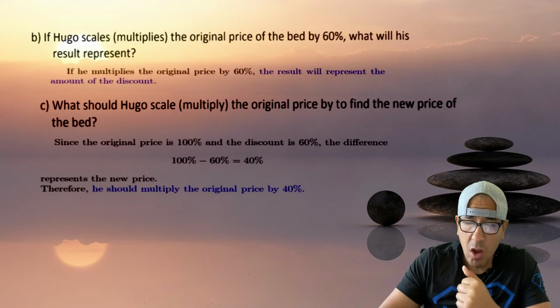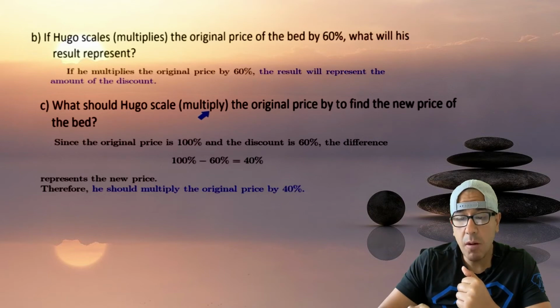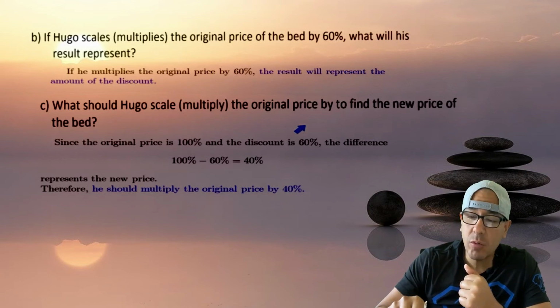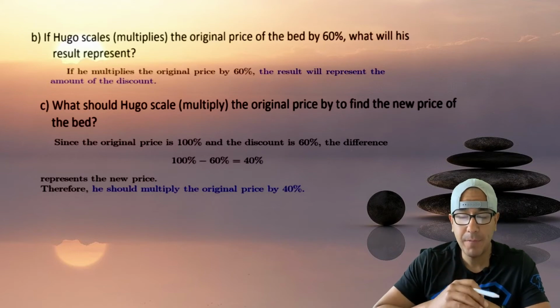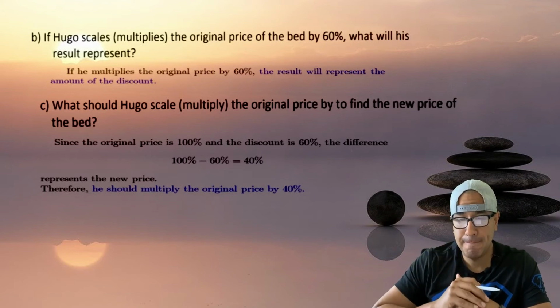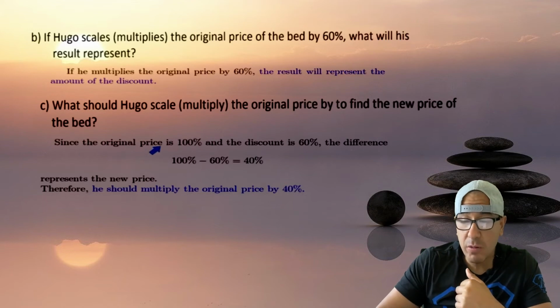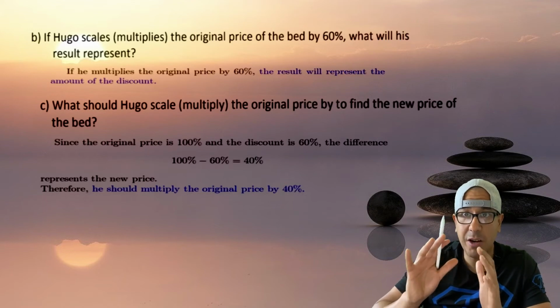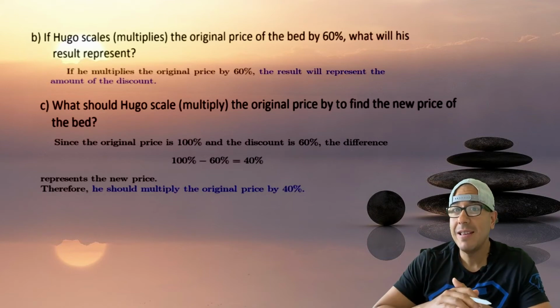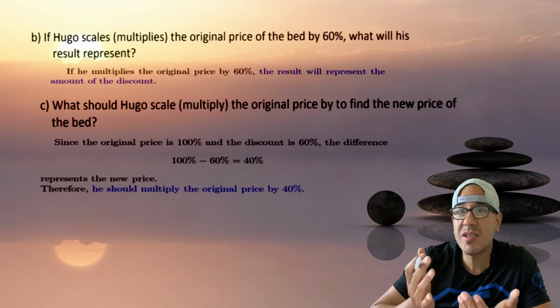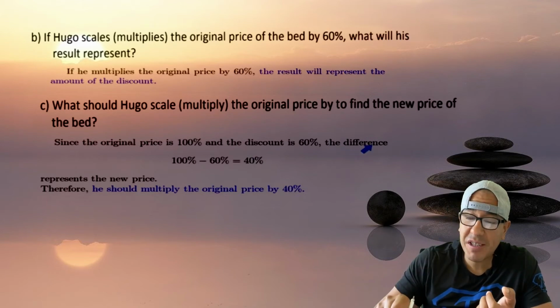Part C, what should Hugo scale, multiply, the original price by to find the new price of the bed? All right, so let's think about this. Since the original price of the bed, which is at 100%, is discounted 60%, what we're really looking at is, how much is left? So we're really looking for the difference.